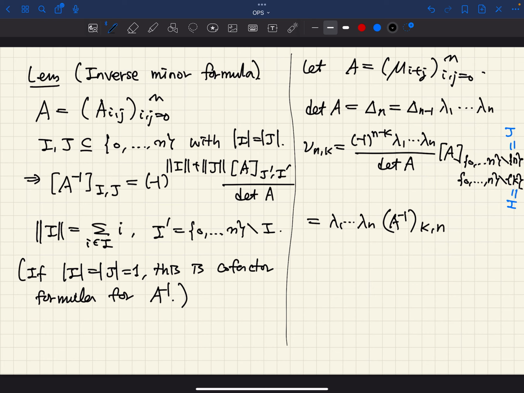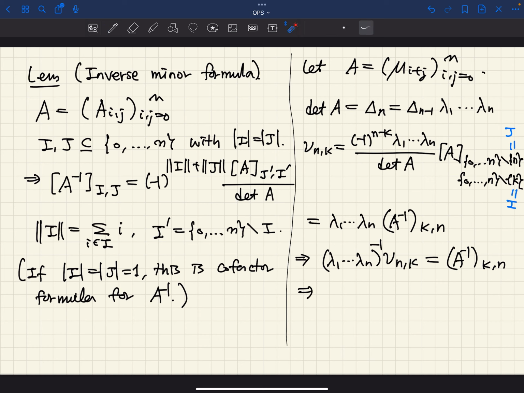That means λ_1 up to λ_n times ν_{n,k} is A inverse, entry (k, n).